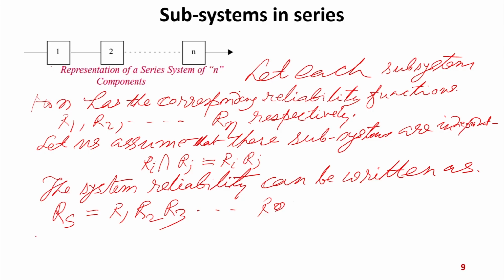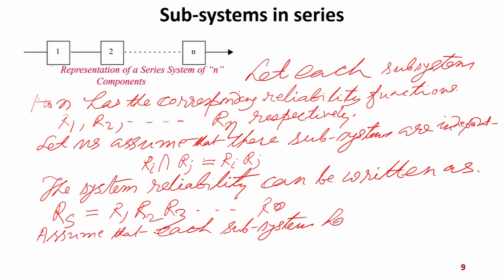Now, let us further assume that each subsystem has a constant failure rate, which I will designate as lambda i.